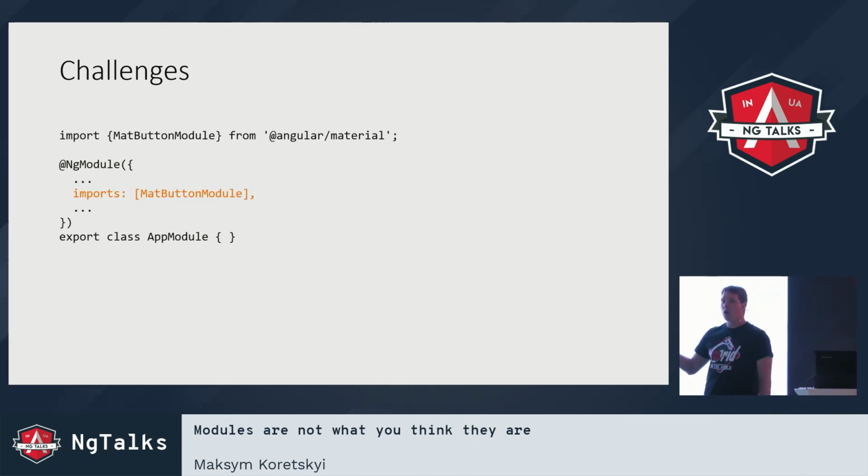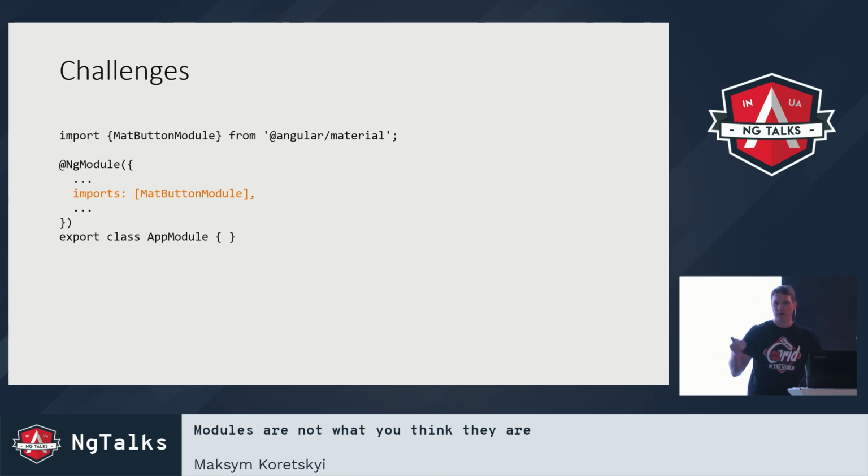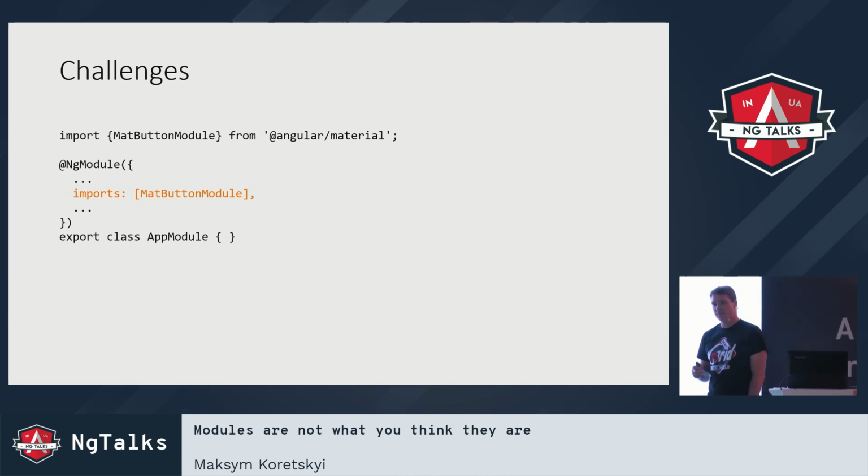So this is how we extend our applications with this library, right? We simply import an extension module with widgets or components, and then we use them in our templates. I think most of you have done it a million times, right?